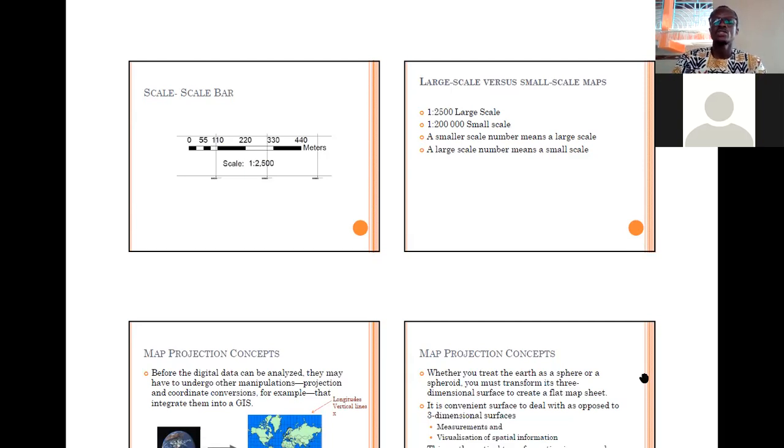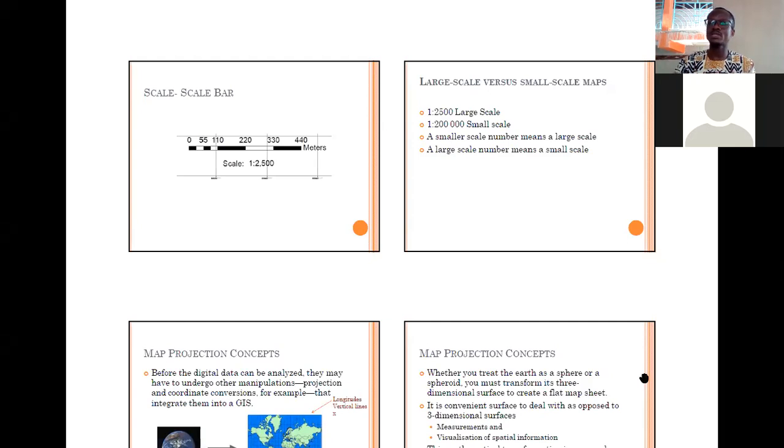All right. So large scale, small scale maps, what is the difference? You should also know that with large scale, we can distinguish between objects. Normally large scale maps are also called plans. And when you get to smaller scales, then of course the opposite. Now when we say large scale, the ratio becomes large.